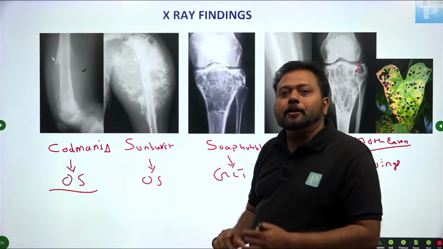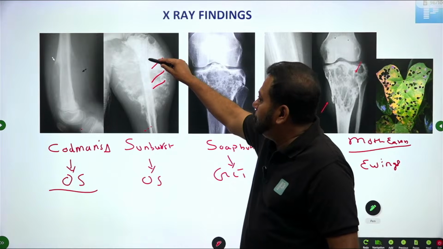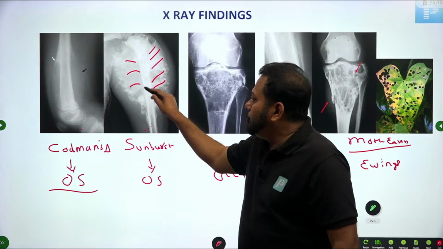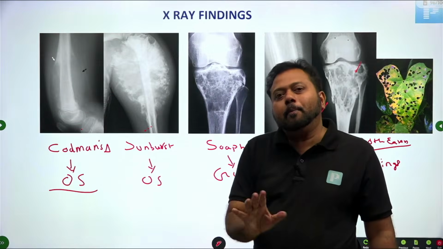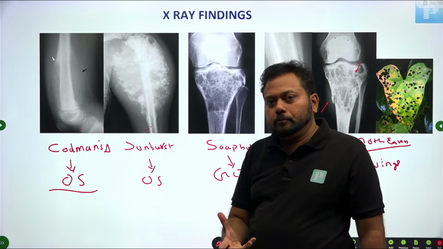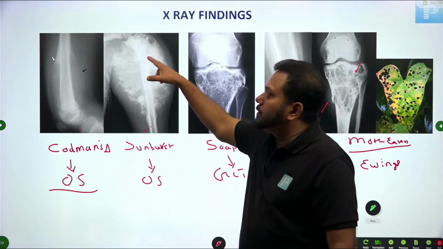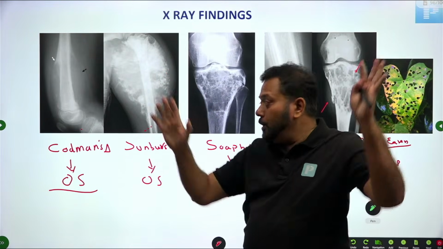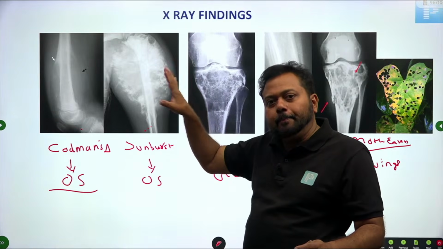Second form of periosteal reaction is seen in osteogenic sarcoma. Sarcoma means vascular. So a lot of blood vessels go from the periosteum towards the skeletal muscle.